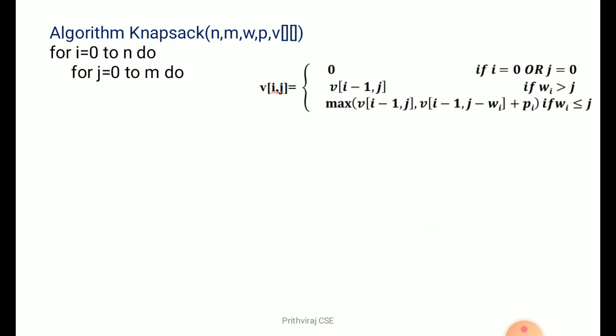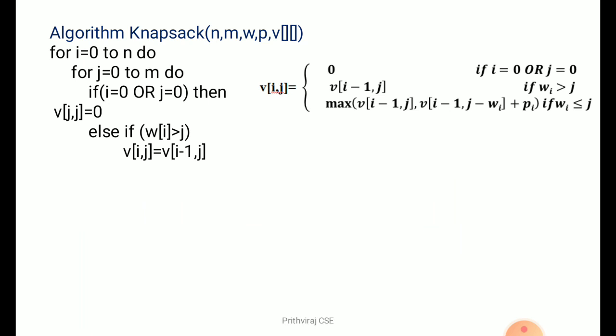With our first condition, let us write down: if i equal to 0 or j equal to 0, then V of i comma j is equal to 0. Else if w of i is greater than j, then V of i comma j is equal to V of i minus 1 comma j.